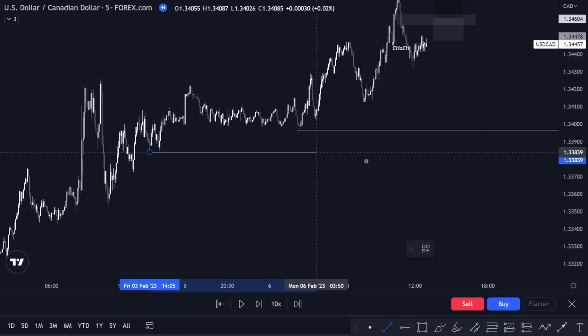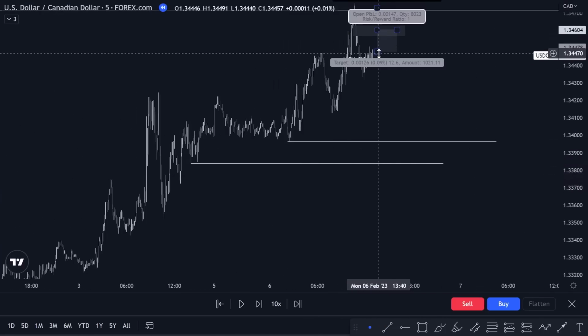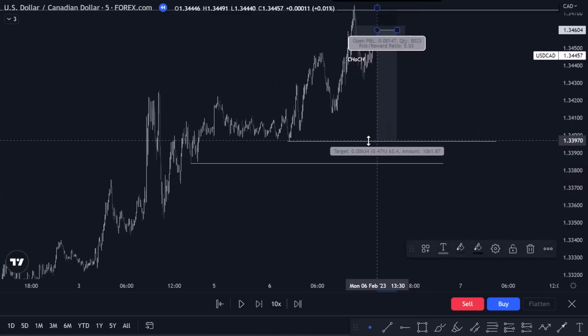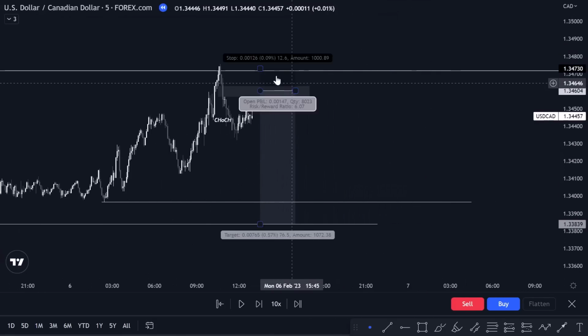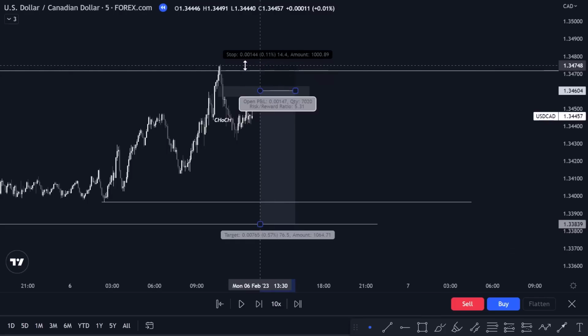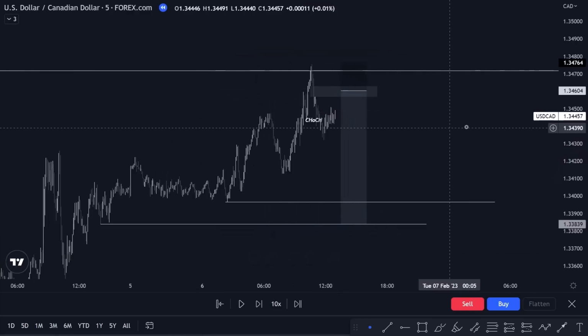Right here, that's like a double bottom. So those are my two targets. The first one is right here with a 5 to 1, and the other one is 6 to 1. And the stop loss is just above this high. So this one is almost 5 to 1.